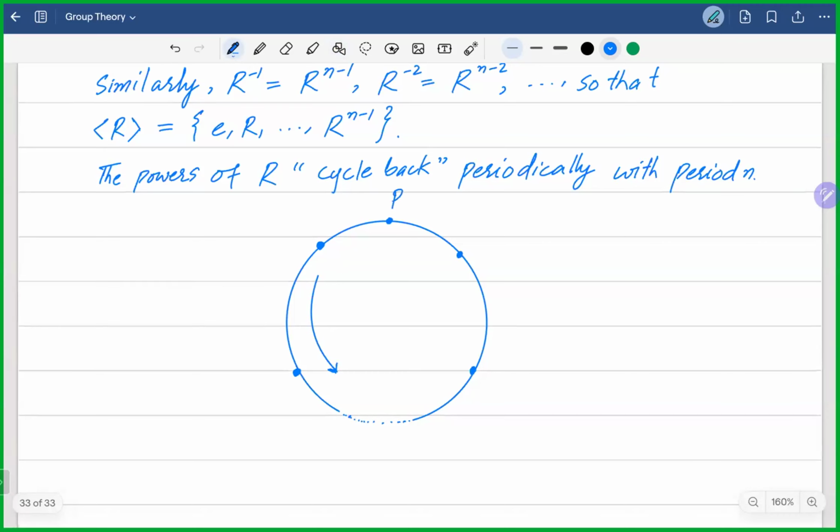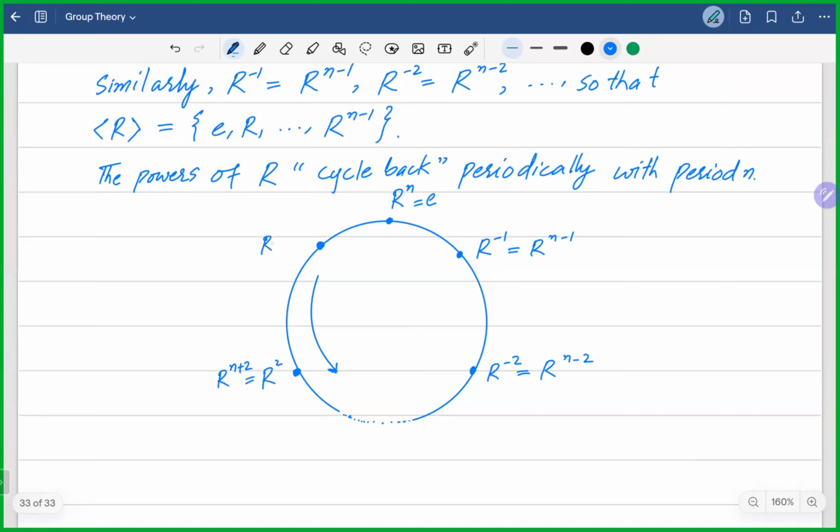Then this is r power n, which is e. This is r power n minus 1. This is r power n minus 2. This is r power n plus 2, which is r square.